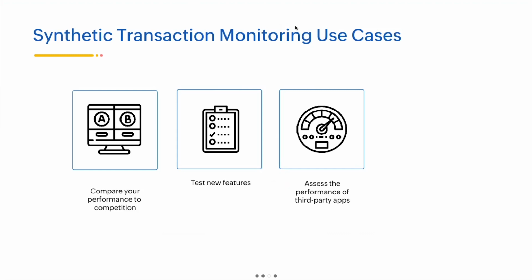Synthetic monitoring can assist in helping you monitor your third-party applications while also alerting you to potential or real performance degradations and downtime impacts. This helps tremendously in providing line of sight on your service level agreements in order to hold the third-party vendors accountable.